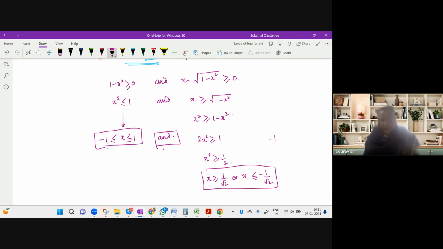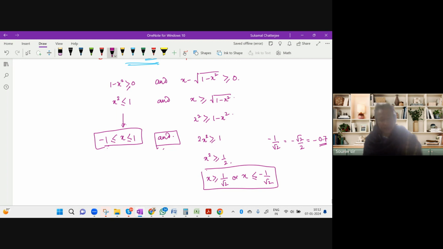What is the value of -1 by root 2? This is minus root 2 by 2, which is roughly minus 0.7, right? So that means it should be less than or equal to minus 0.7 and greater than or equal to -1, or it can be greater than or equal to plus 0.7 and less than or equal to 1.